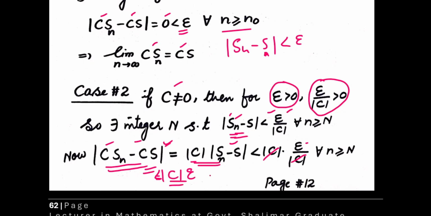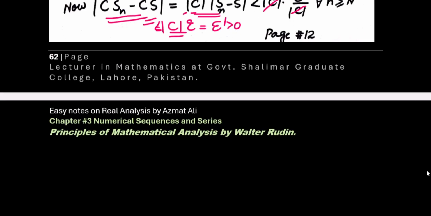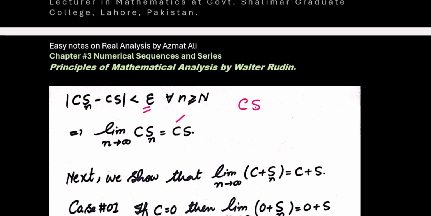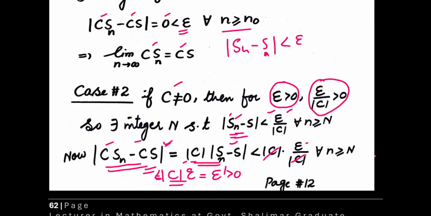Say this is the new epsilon, epsilon dash, as epsilon is a positive real number and absolute C is also positive, so this epsilon dash is also greater than 0. So in this way, Csn minus Cs is less than epsilon dash. So it is not necessary that you find a particular epsilon that works here; you can simply take epsilon as here.